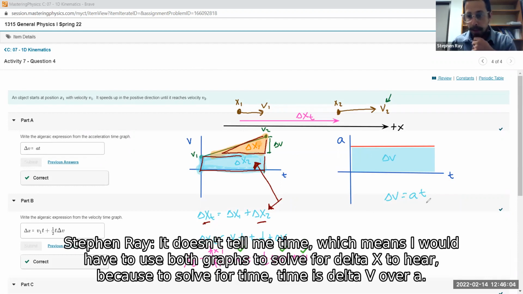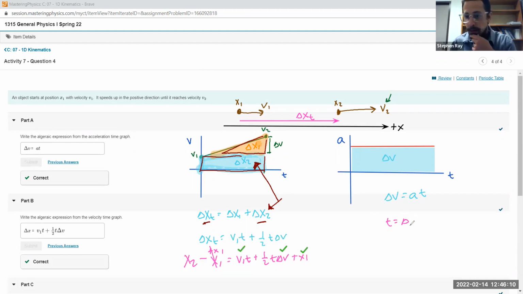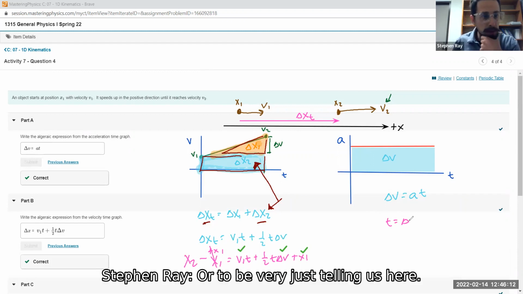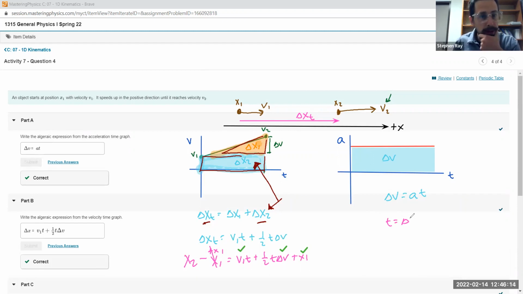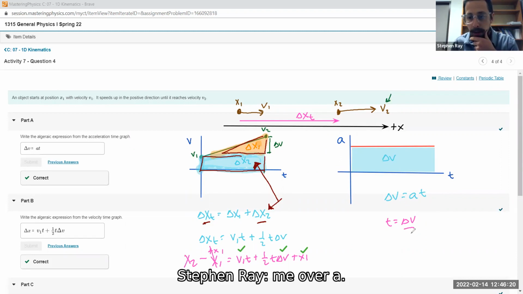because to solve for time is delta v over a. Does it tell me this here?